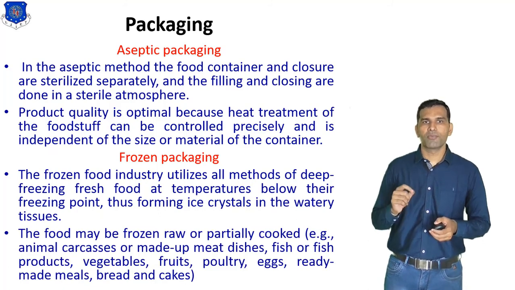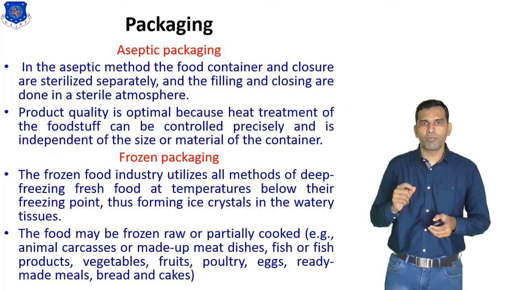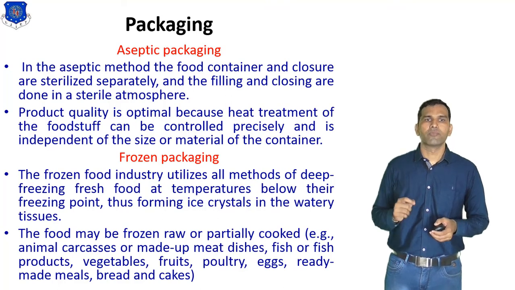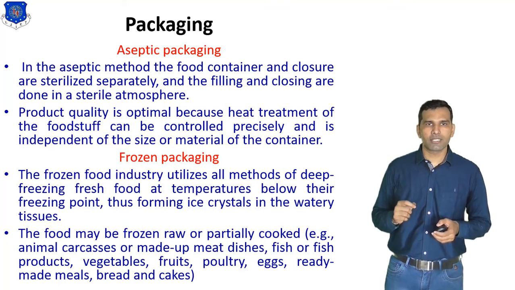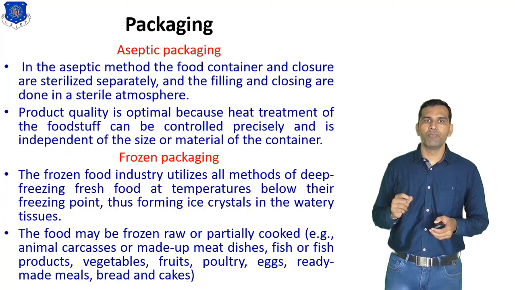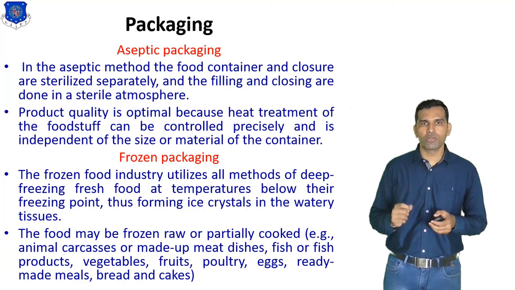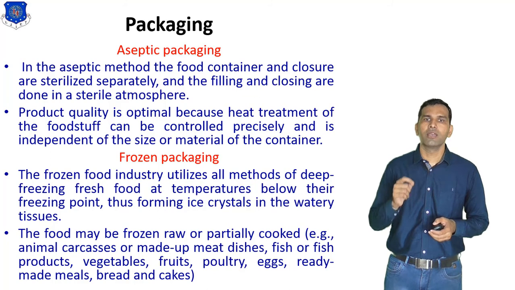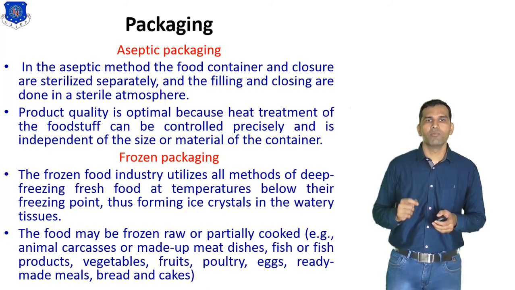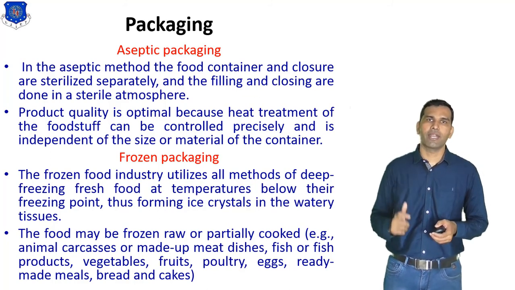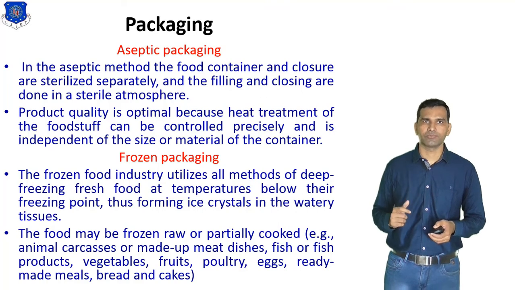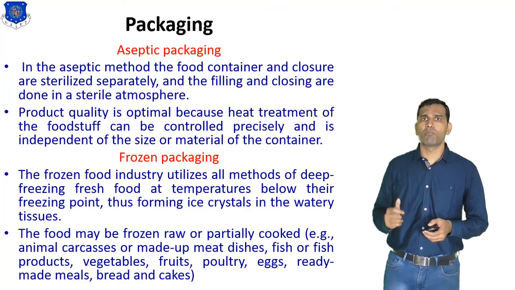The food may be frozen raw or partially cooked, like animal carcasses, made-up meat dishes, fish or fish products, vegetables, fruits, poultry, eggs, or ready-made meals, bread and cakes. So this is the matter of packaging.